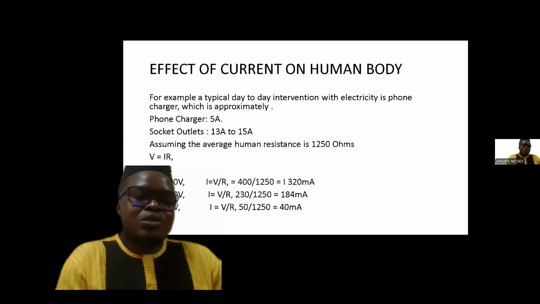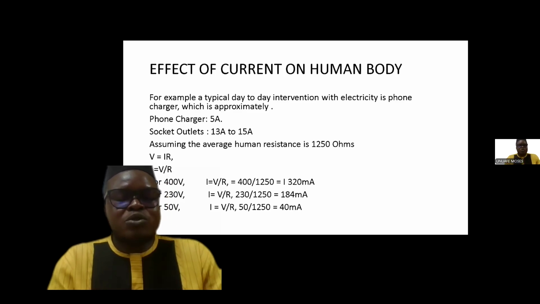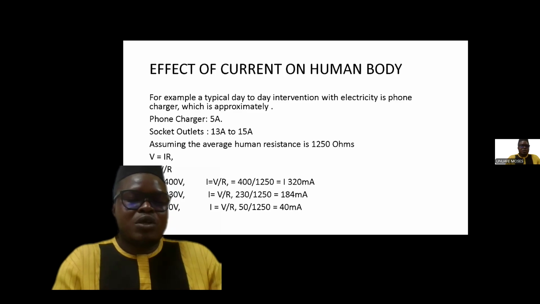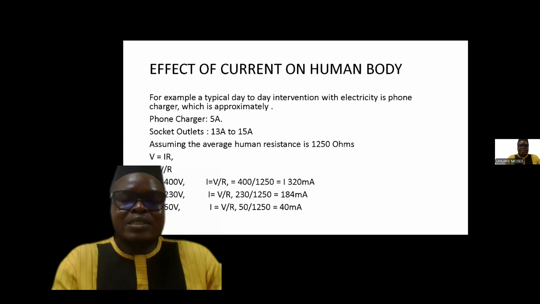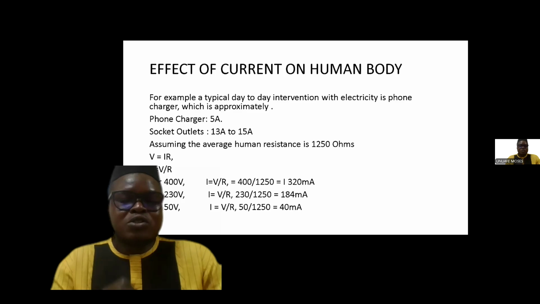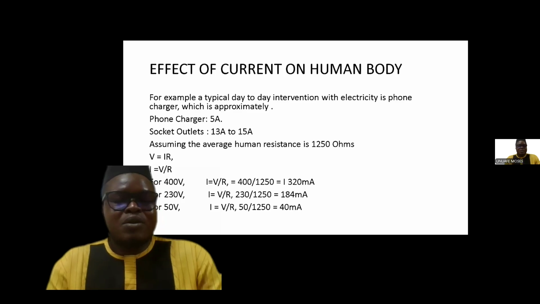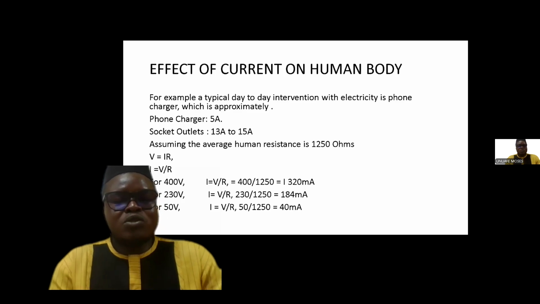So now, if you are exposed to 400 volts, guess the amount of current that is going to flow through your system. To calculate this, you apply the formula, which is current equals voltage over what?